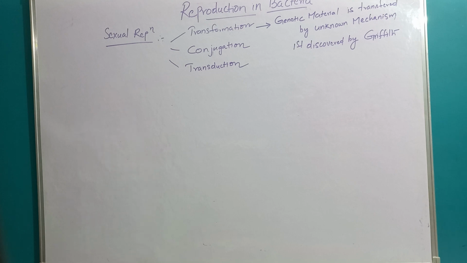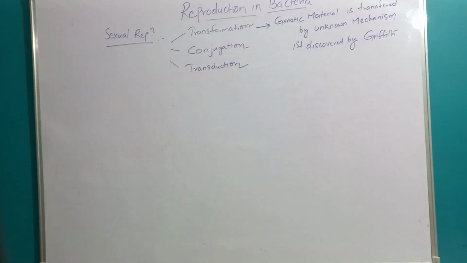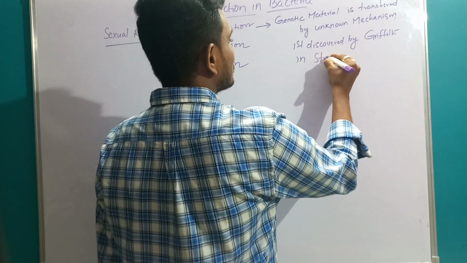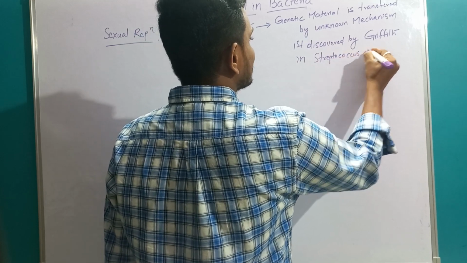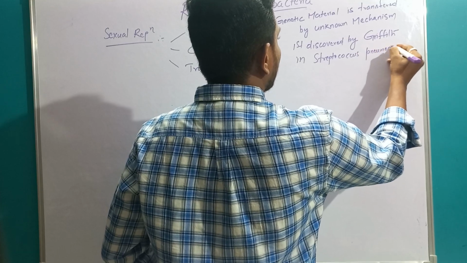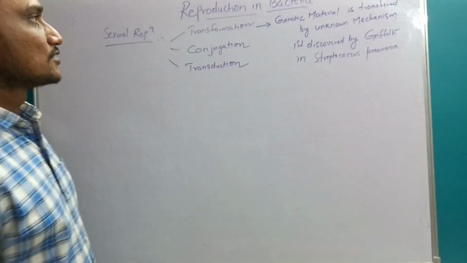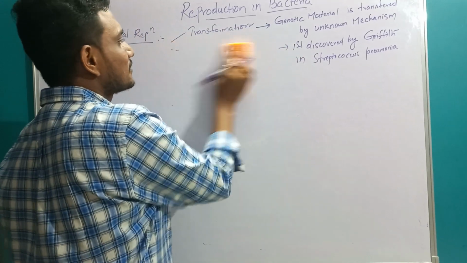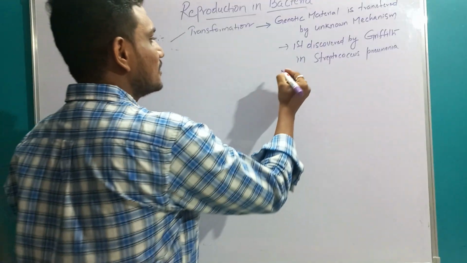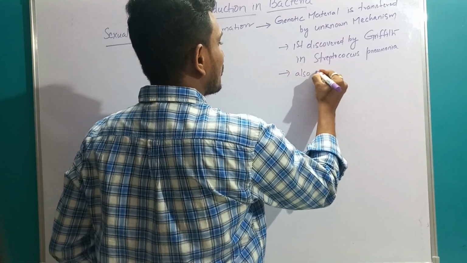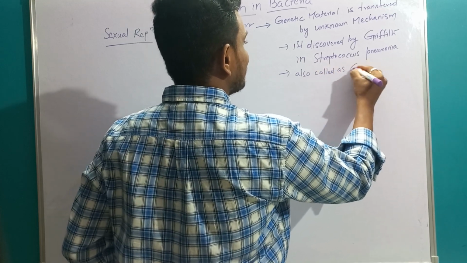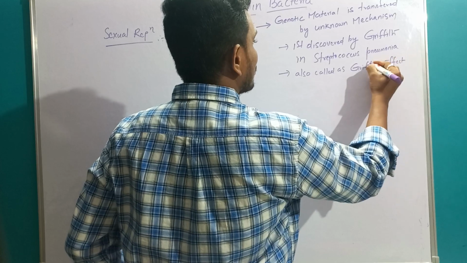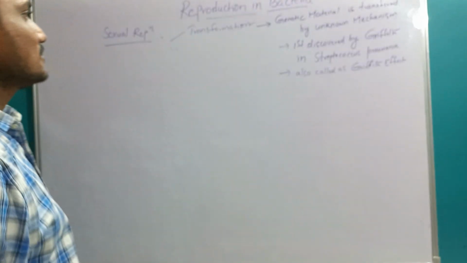Genetic material is transferred by unknown mechanism, first discovered by Griffith in Streptococcus pneumoniae. It is also called the Griffith effect.